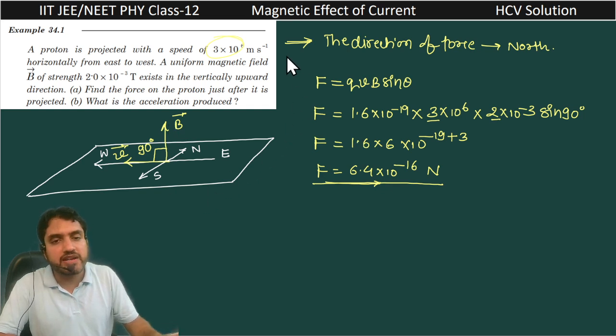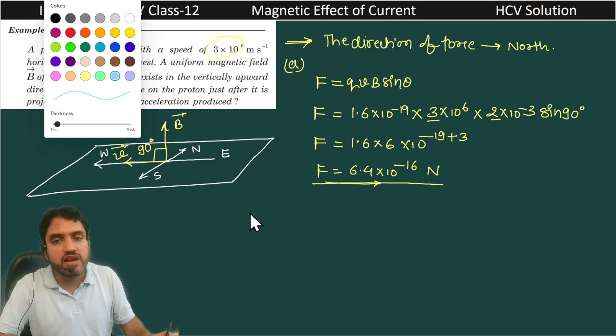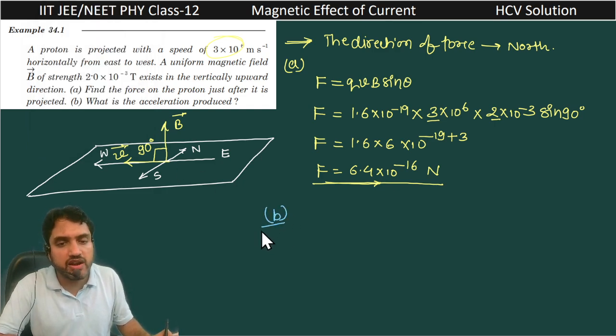Now the B part, after our A part, is asking for the acceleration. This force we can write as mass into acceleration, and that is equal to 6.4 into 10 raised to power minus 16 Newton.